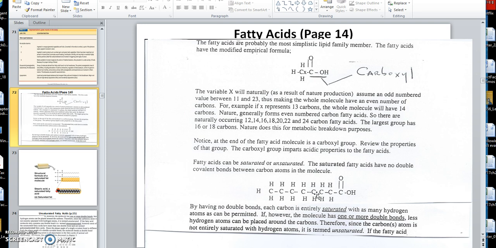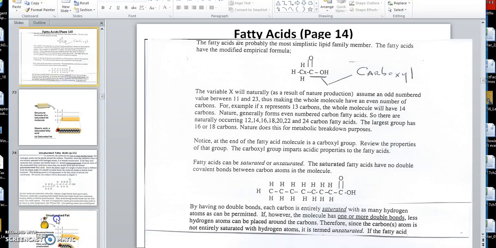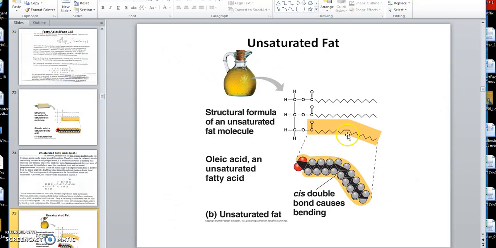So what's my point in this? A saturated fatty acid, no double bonds, will bend into a clump, so it is generally solid at room temperature, like Crisco, shortening. A polyunsaturated fatty acid, as you can see here with double bonds, can't bend as easily, and because of that, it's generally liquid at room temperature, like Wesson oil.